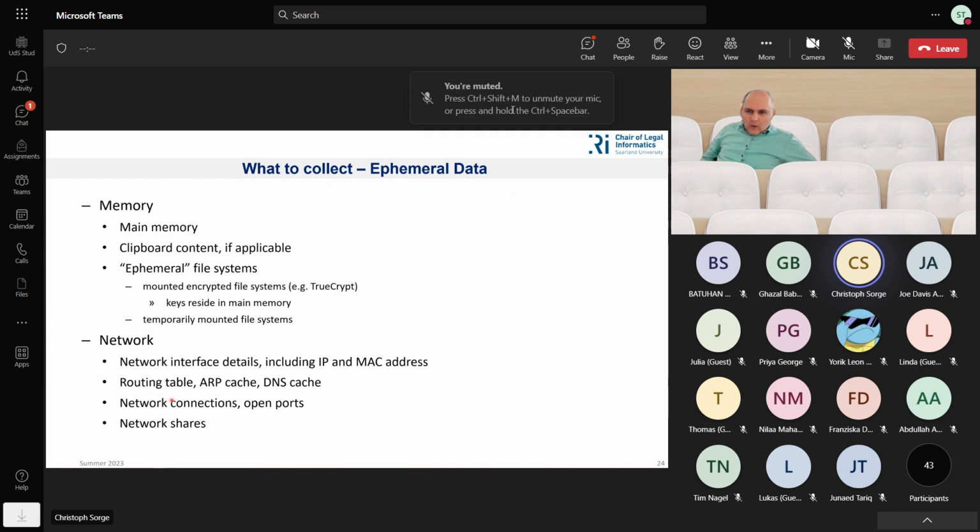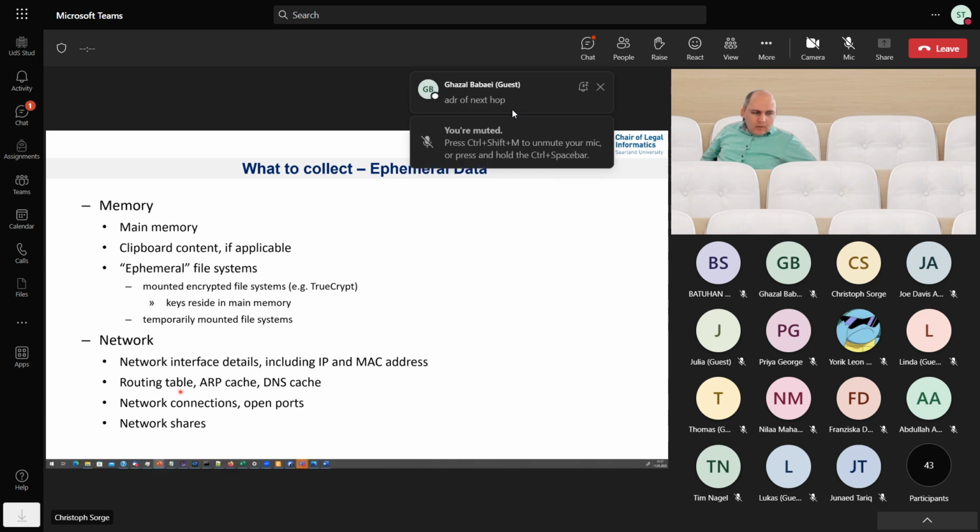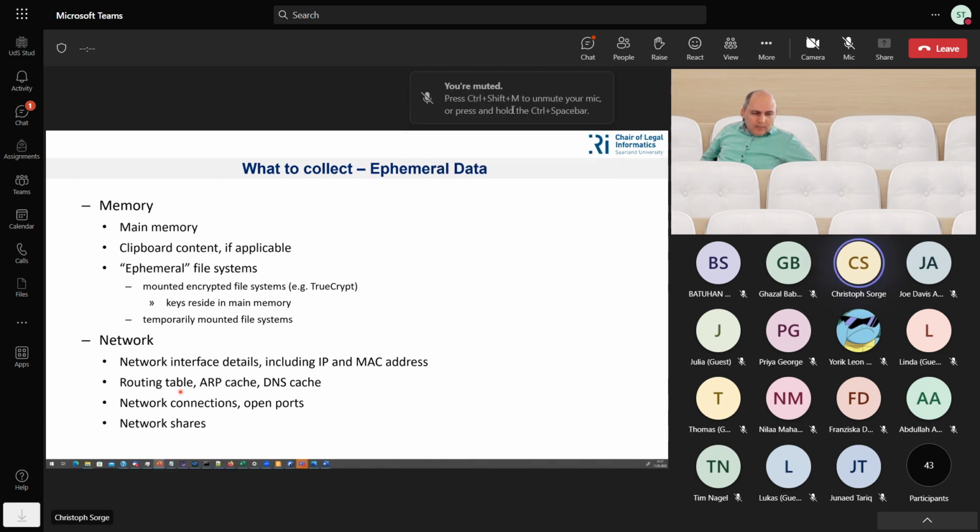What else? The routing table. What's the routing table? Address of next hop.